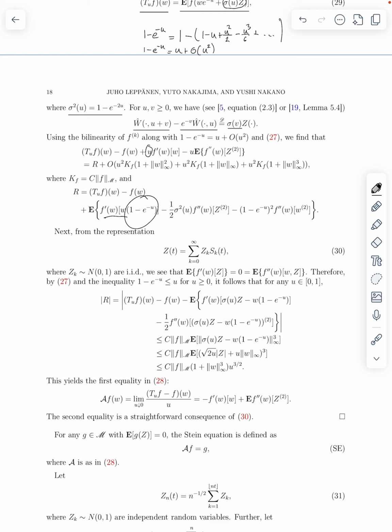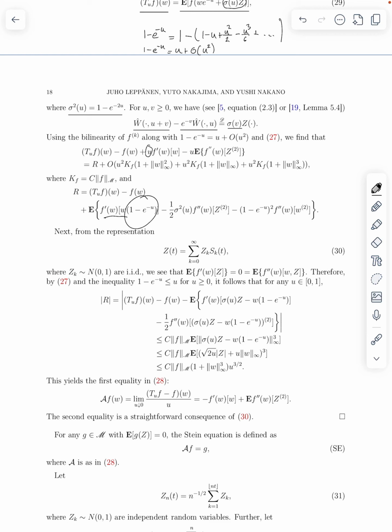Okay, so we know that we've made some mistake by exchanging that u for this 1 minus e to the negative u, but that's okay, because f prime of w is just going to give you some term that looks like this. Sorry, no, I think it's this term. I think that one corresponds to this term. Yeah, I think so.